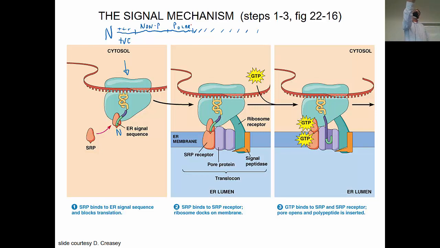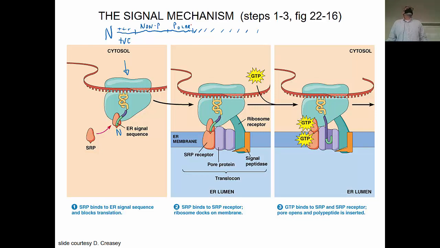As this thing emerges from the ribosome, it's bound by this complex called SRP, for the signal recognition protein. And this is actually what we call a riboprotein. It's made up of 6 polypeptides and an RNA.